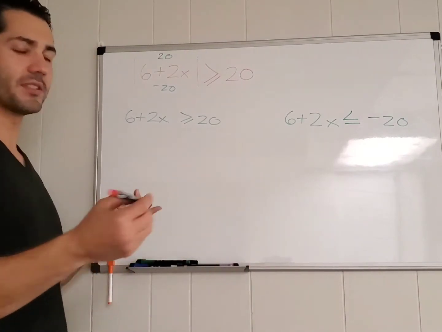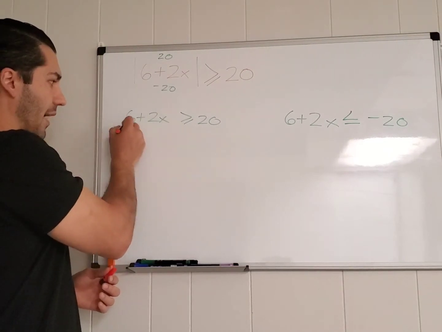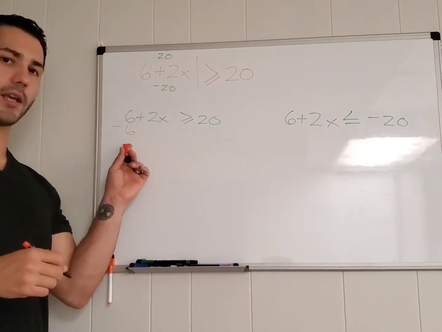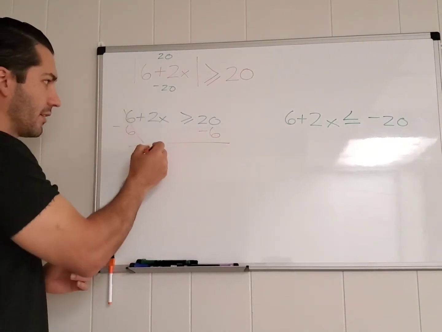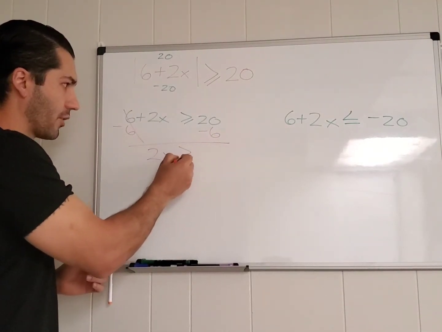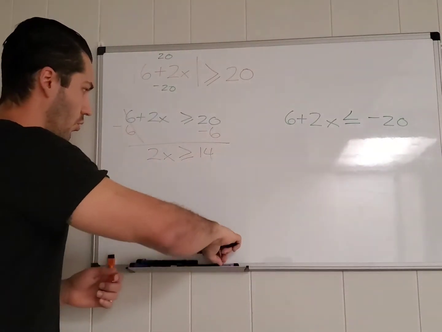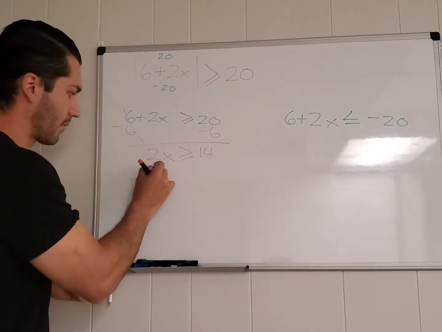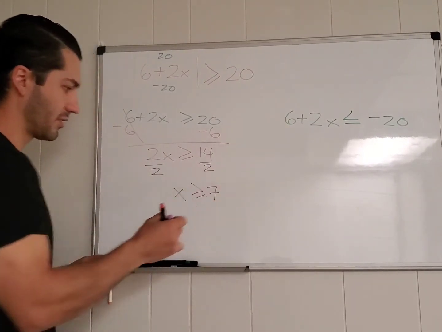It is 4 steps of work. To get x by itself, I'm going to do minus 6. Remember, get rid of what's furthest away, but on the same side. Whatever you do to one side, we do to the other. 2x greater than or equal to 20 minus 6 is 14. We divide by 2, and we get x greater than or equal to 7.